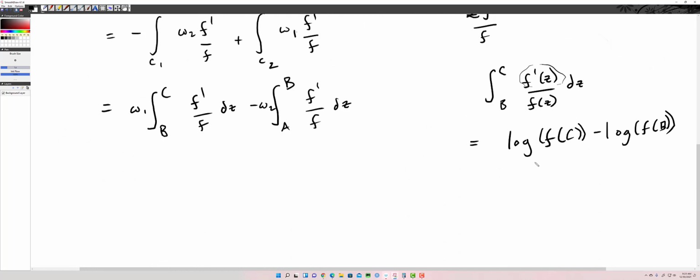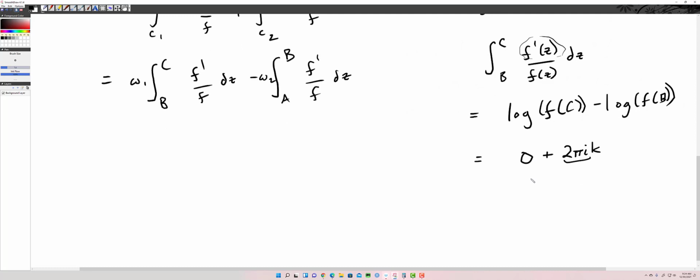But what I know for sure is that when I subtract these two, I'm going to get 0 plus some integer times 2 pi i because of the definition of log. Similarly, for this one, I get some 2 pi i times some integer, and let's call this k2, and this one we'll call k1.